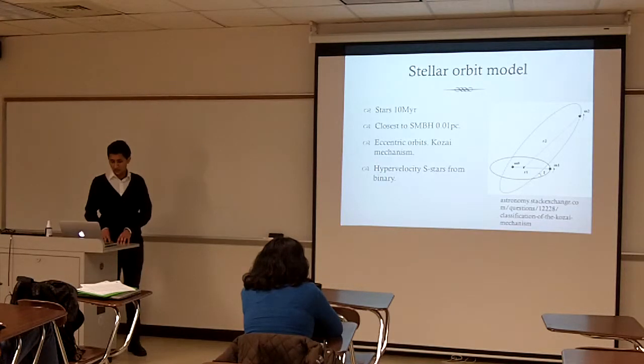And the image on the right shows the two stars: the first star, M1, orbiting the black hole, and the M2 star orbiting farther out.